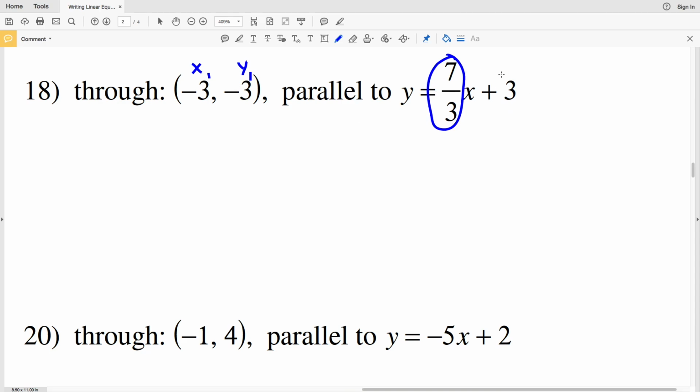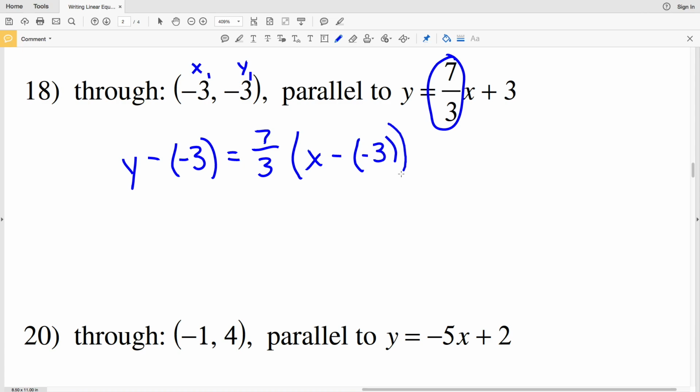So the slope of this equation is going to be the same slope in our new equation. So we'll have y minus y1, which is y minus a negative 3, and that's going to be equal to our m of 7/3 times x minus a negative 3.